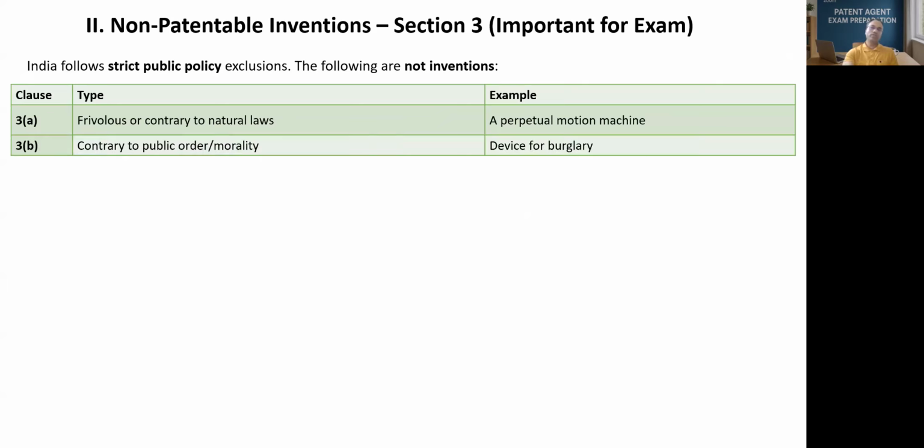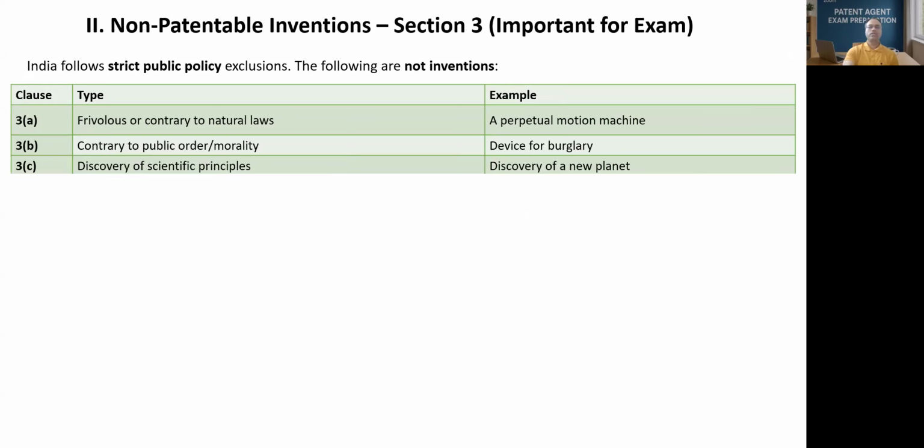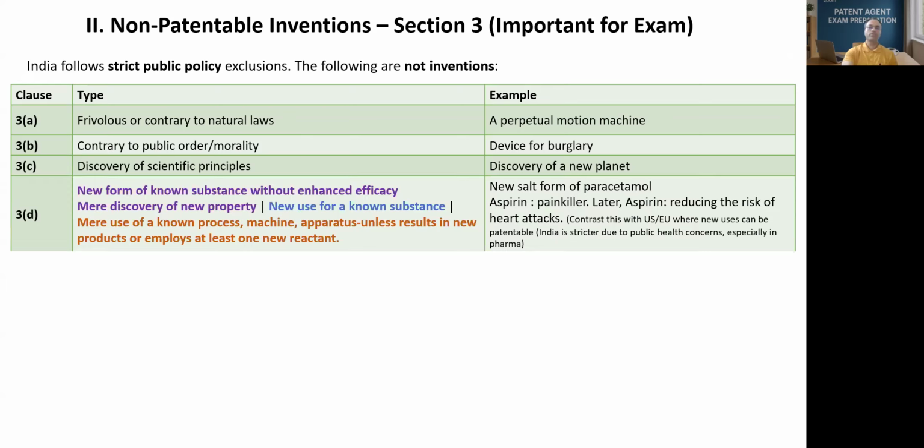That will not be patentable. 3B: contrary to public order and morality, like a device for theft. Even if it is novel and has an inventive step, it is not patentable. Then discovery of a scientific principle, or discovery of some plants or objects like a new planet, is not patentable.